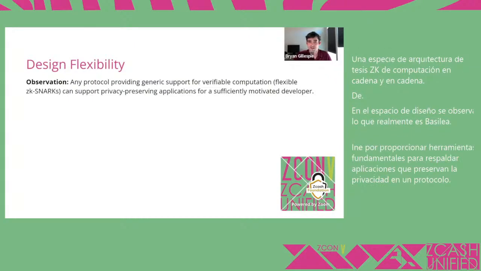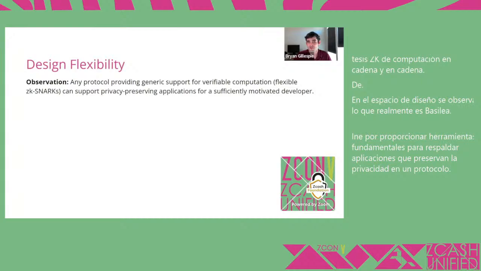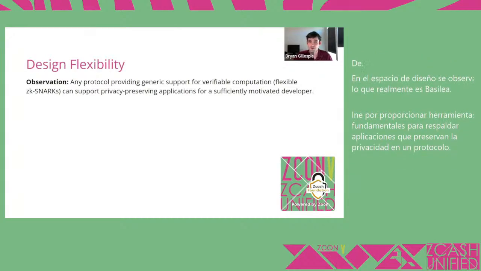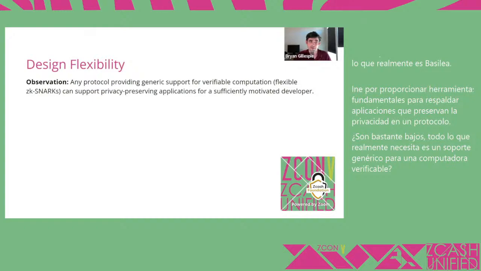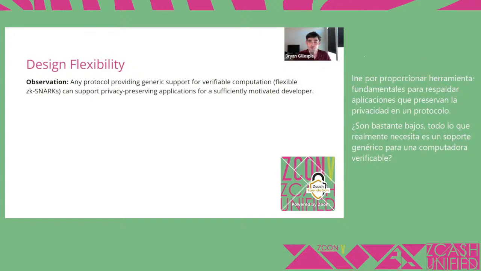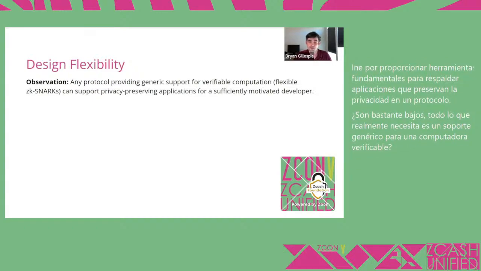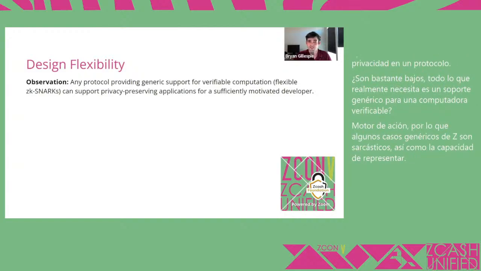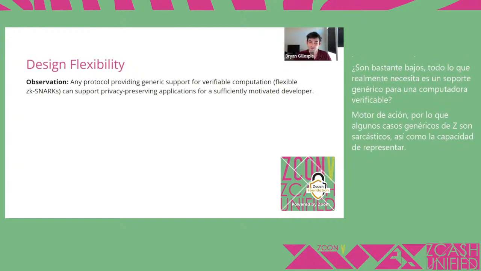All you really need is generic support for a verifiable computation engine, so some generic ZK snarks, as well as the ability to represent Merkle roots. Once you have those two pieces, that's enough to really support privacy-preserving applications for a sufficiently motivated developer.